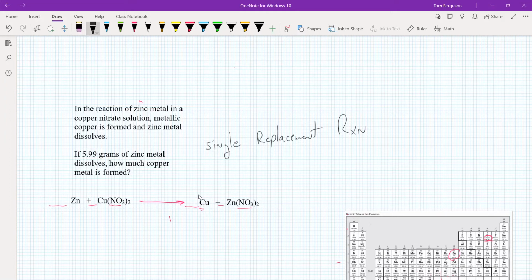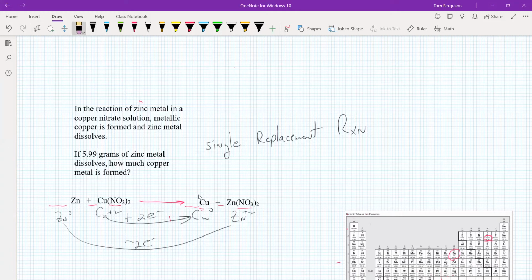We have copper 2, copper 0. We have zinc 0, zinc plus 2. So zinc is losing electrons. Copper is gaining electrons.